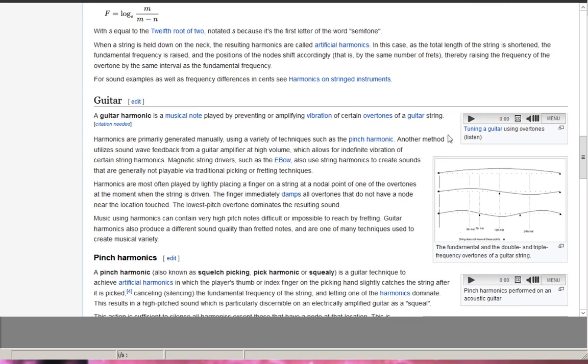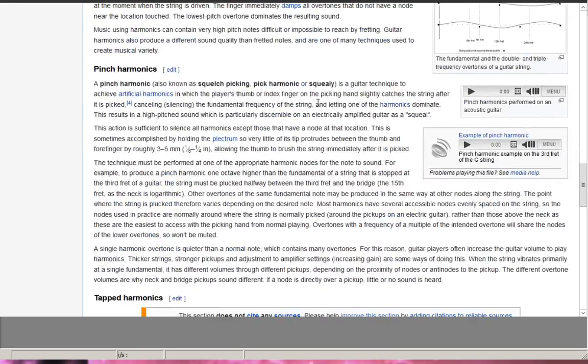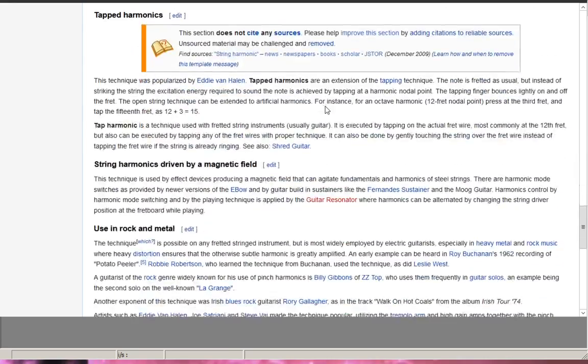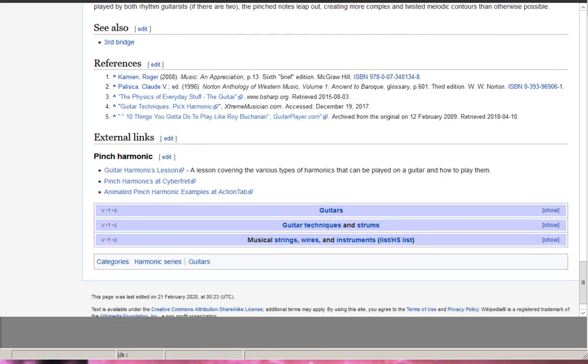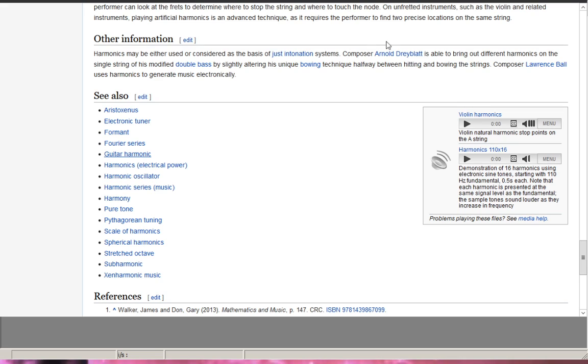Tuning a guitar using overtones. String harmonics driven by a magnetic field. Cool beans.